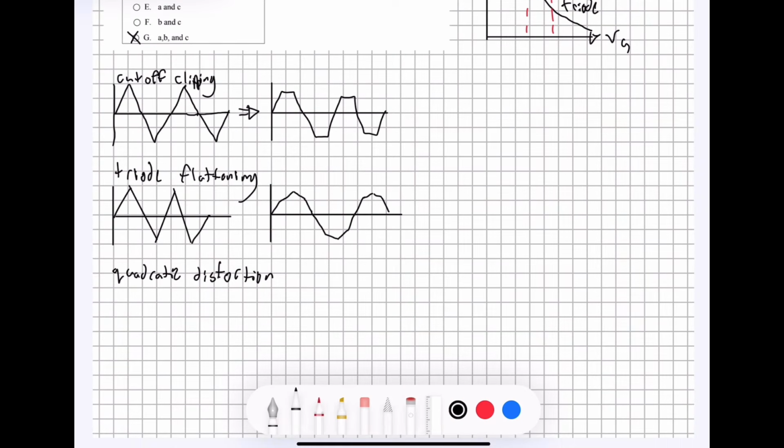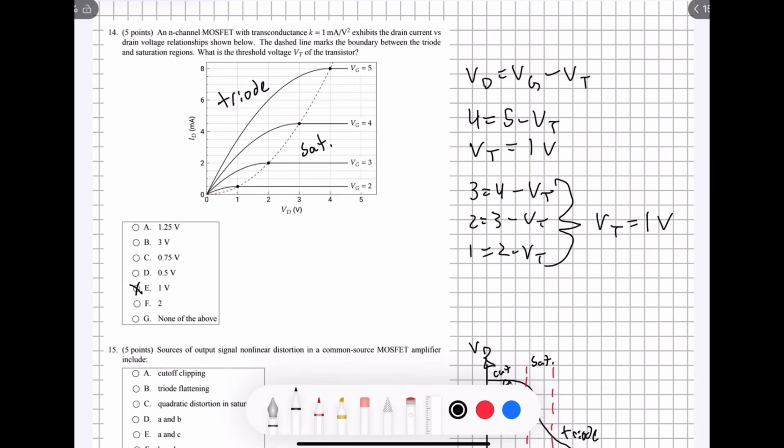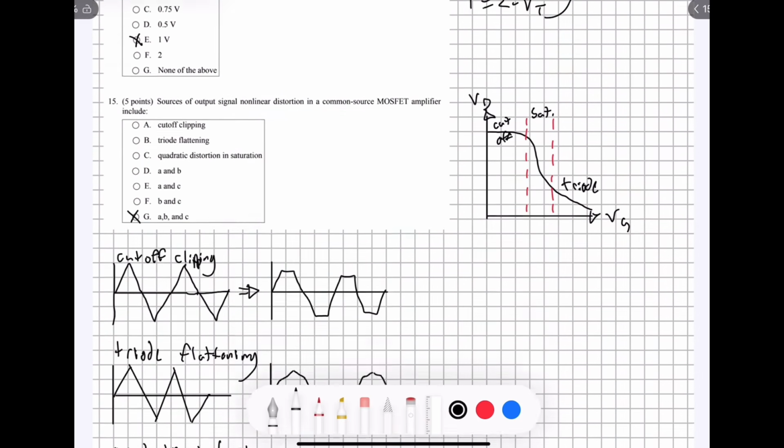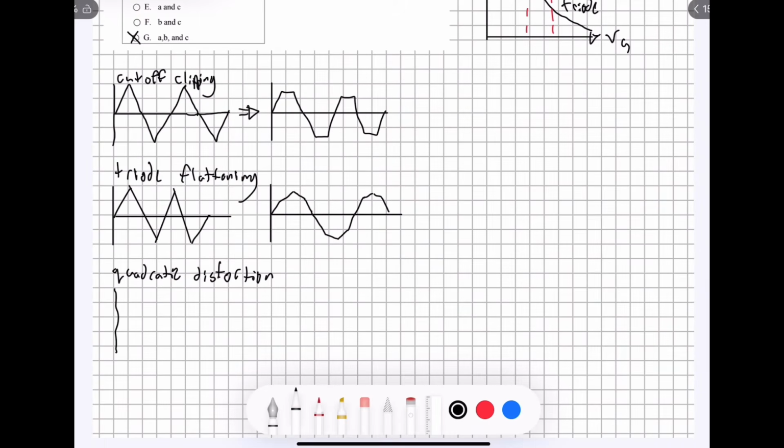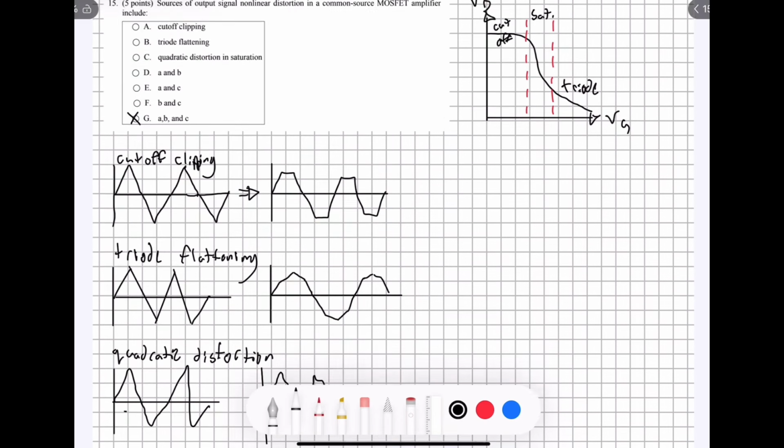So quadratic distortion is going to get you a wave that doesn't look quite, oh, sorry, this is like the original triangle one. But if your original triangle wave looks like that, quadratic distortion is going to get you a wave where the lines aren't exactly straight. They're like a little rounded or a little strange looking. It's not exactly a linear relationship. All right.